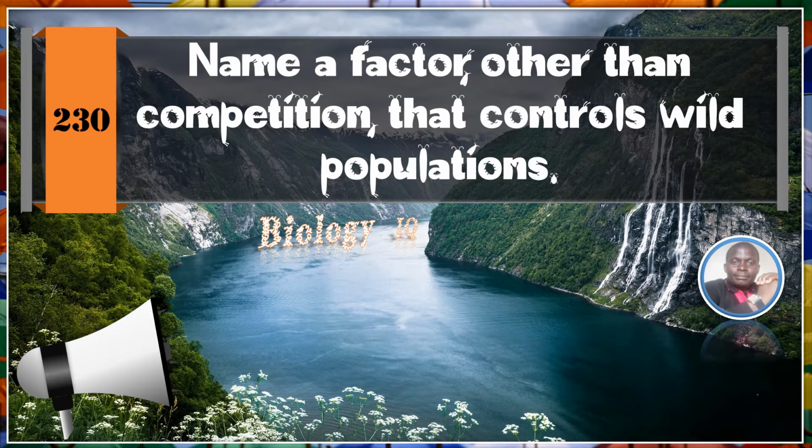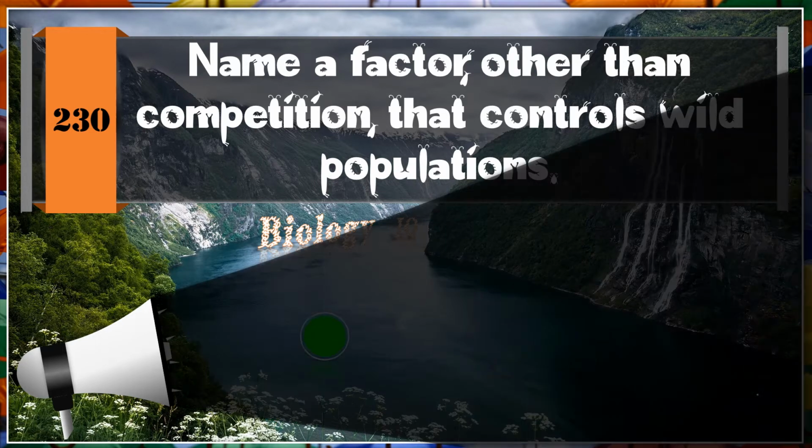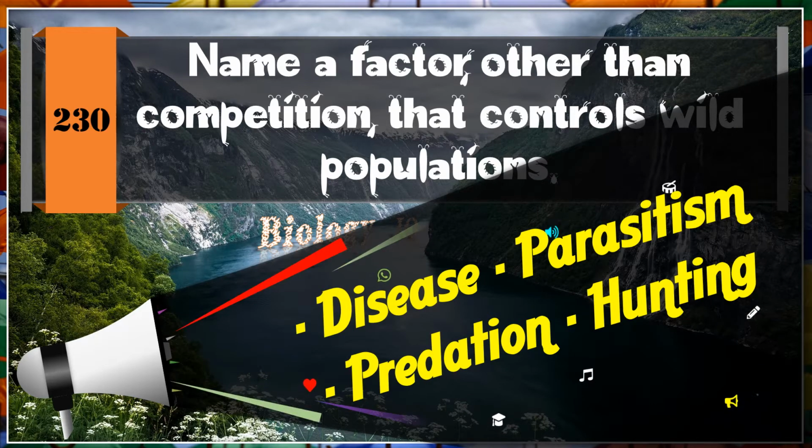Name a factor other than competition that controls wild populations. There are diseases, parasitism, predation, and hunting.